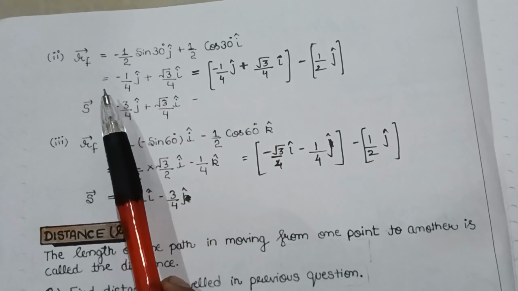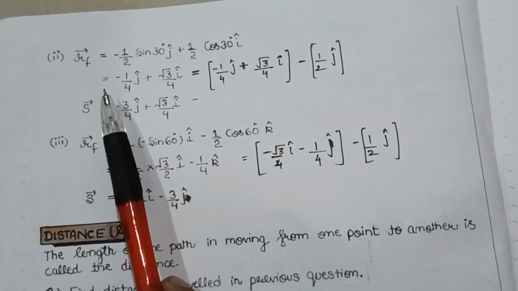Displacement is minus 1/4 j cap plus root 3/4 i cap minus 1/2 j cap. Therefore, displacement vector after 20 minutes will be minus 3/4 j cap plus root 3/4 i cap. Now the third question, that is displacement after 40 minutes.